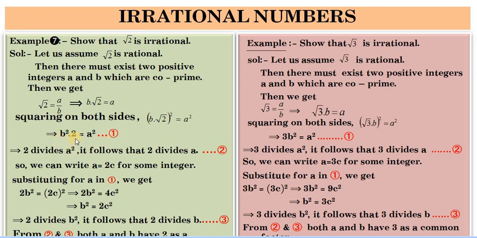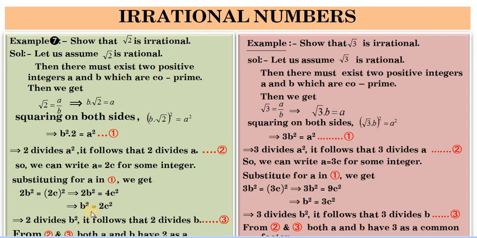Then what happens? 2 into b square is equal to, in place of a you write 2c, so that is 2c whole square. So that implies 2 into b square is equal to 4c square. Now 2 divides this 4 two times. So from this we get b square is equal to 2c square.